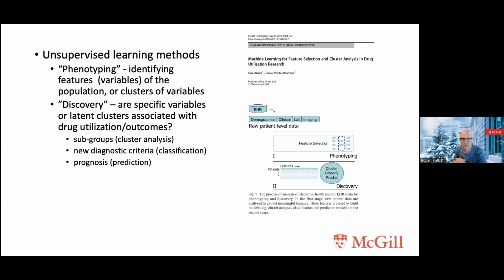And that's also potentially useful for discovery, about thinking about whether specific variables or latent clusters are associated with use of medications or with specific outcomes. So this could lead to identifying subgroups, to new diagnostic criteria. It could be useful for prognosis or prediction research.